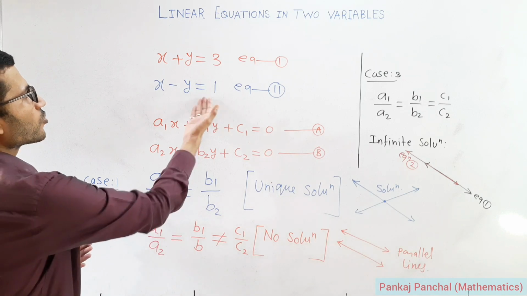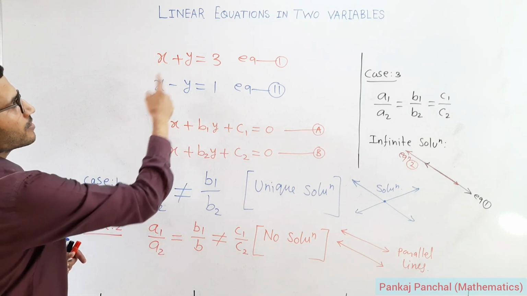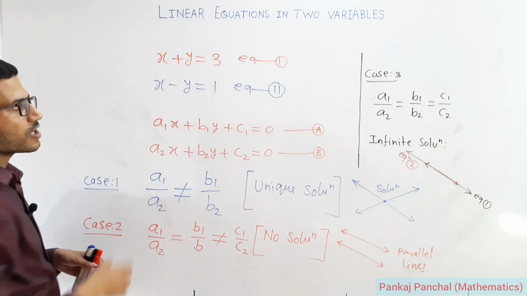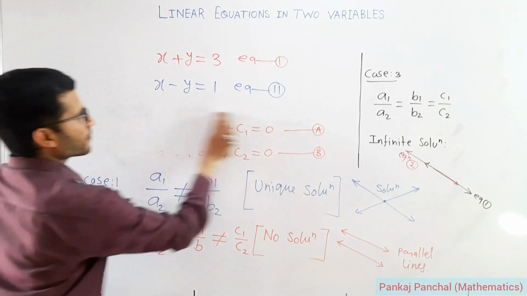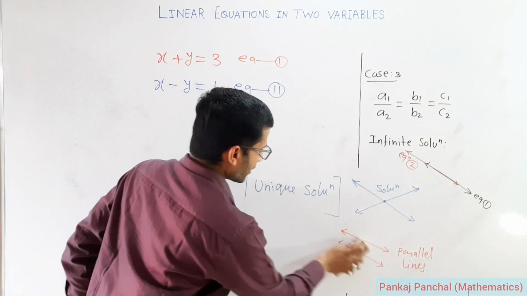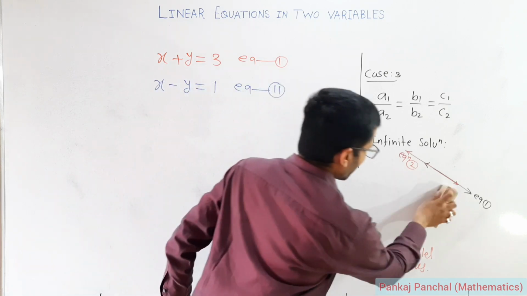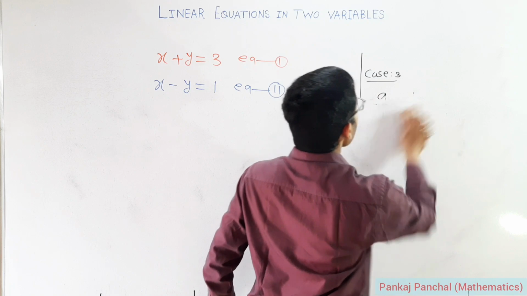Now look how to solve this. We can check it. 1 upon 1 is not equals to 1 upon minus 1. So first check it. And if it gives a unique solution or an infinite solution, then it is consistent.